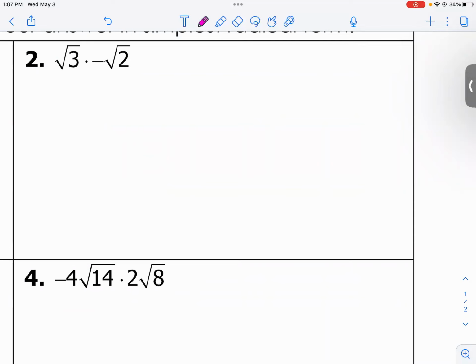I noticed that there's a negative on the outside, so we're gonna keep that. But then notice how 3 and 2 are both underneath the radical, and we are multiplying. So when we multiply those radicals together, 3 times 2 is 6.